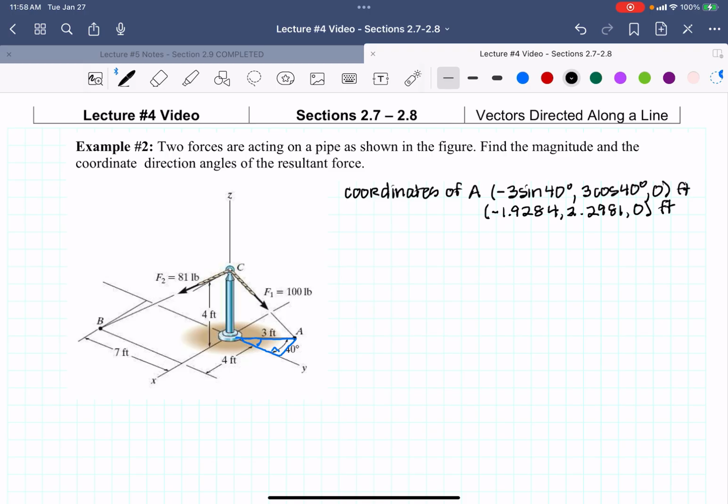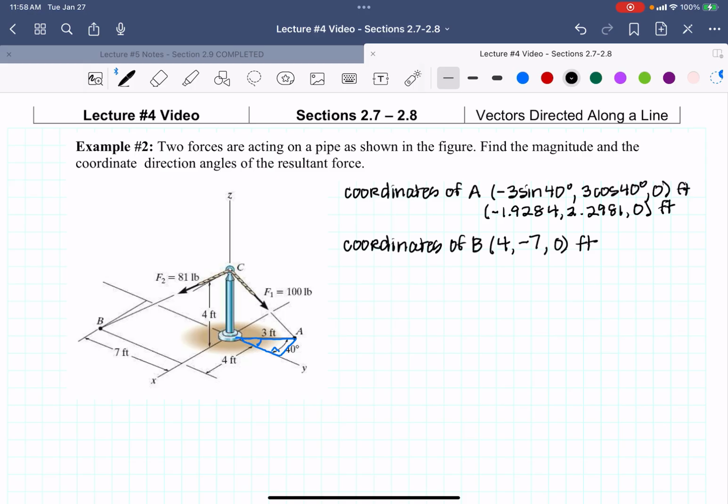All right, now let's find the coordinates of B, which are a little easier to find. On my x, I go +4. I go in the negative y direction, -7, and it is still on the xy plane, so it is 0 in the z.